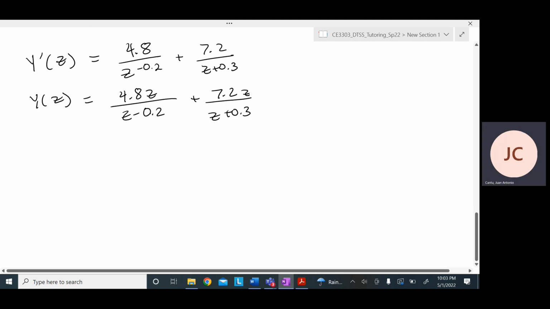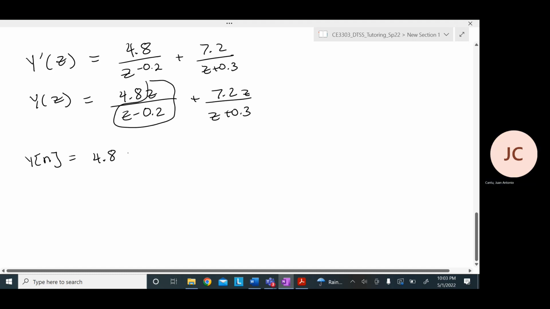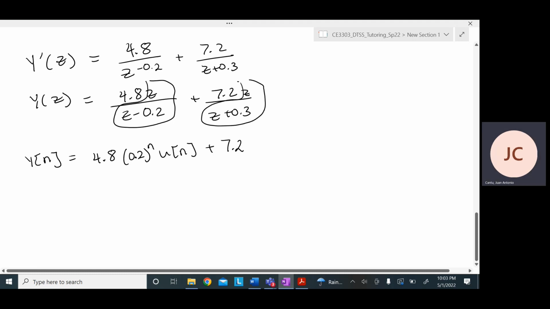So we take the inverse z transform of each of these. We get y of n is equal to 4.8, and the z transform of z over z minus 0.2 is 0.2 raised to the n u of n, plus 7.2 times negative 0.3 raised to the n u of n.